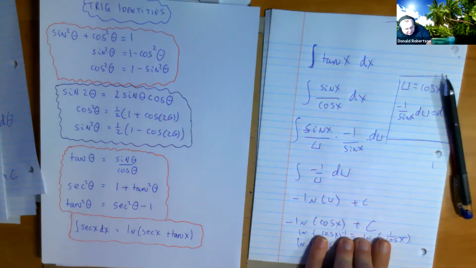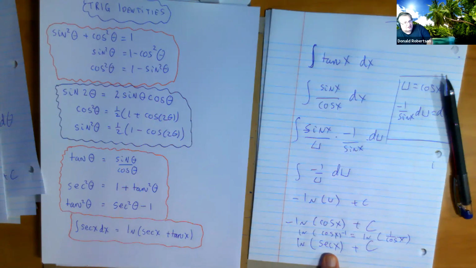If Weber's being really nice to you, won't negative log cosine x plus c be fine? But if it's going to be nitpicky and lawyer-esque on you, don't you have to know it's the log of a secant? So don't automatically assume that your answer is wrong. Think, is there another way I could write this that would make the computer happy?